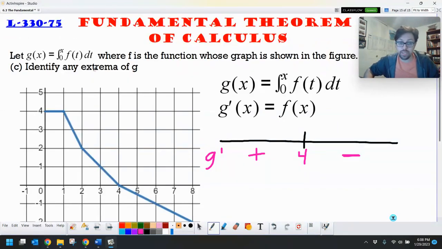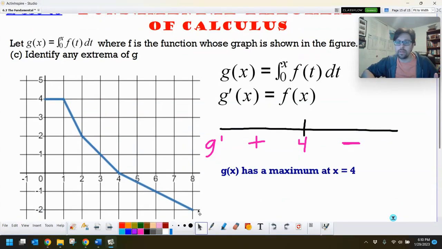In part C, I need to identify any extrema for g. At 4, I've got a maximum since g prime is shifting from positive to negative at that point. I'm also thinking about endpoints when we're talking about extrema, because we can have extrema at those endpoints. However, it's not very clear in the book or in this problem whether these are endpoints of f, and if they're endpoints for f, they're probably endpoints of g, but that's not very clear based on how the question is written.